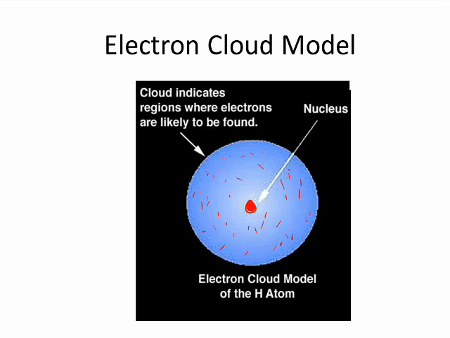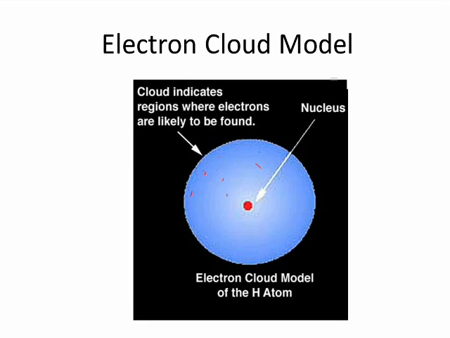The darker the color, the more likely the electrons would be there. So the darker regions have a higher probability of the electrons being there as opposed to the lighter regions. So the electron cloud model is really the model that is much more accurate.